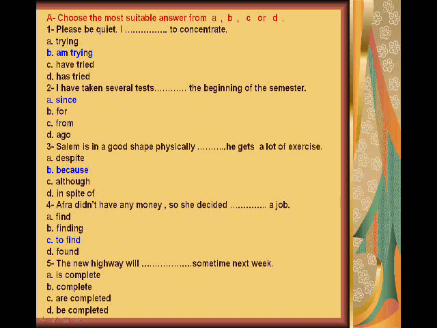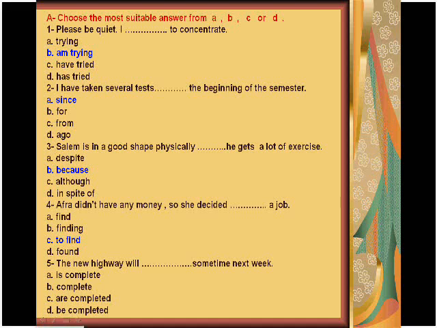But this sentence is not active. It is passive, as we said, when I start using the object. So it should be what? Yes, will be completed. When I have a modal verb in the passive form, I should use verb to be as it is, and then the past participle of the main verb, completed. So: the new highway will be completed sometime next week.